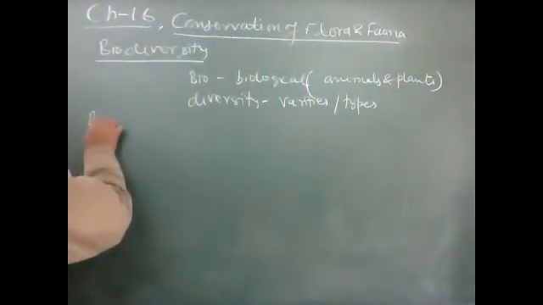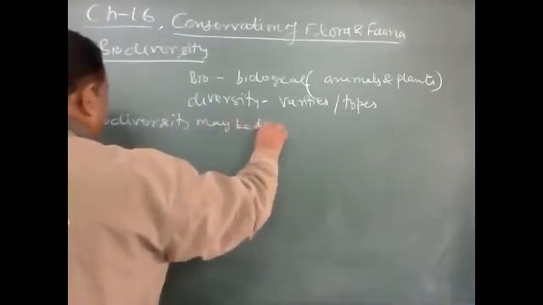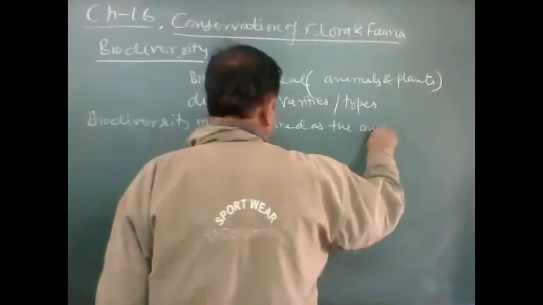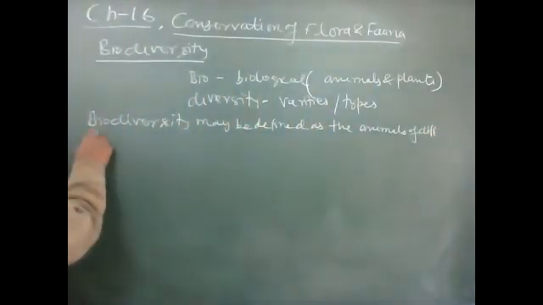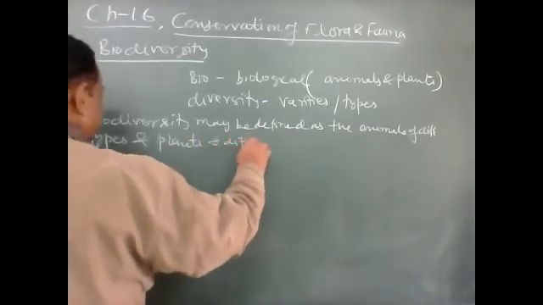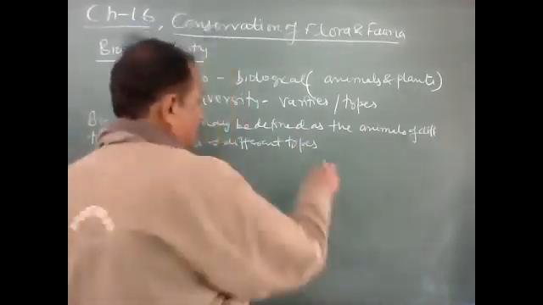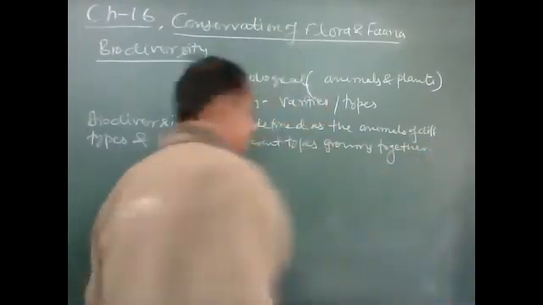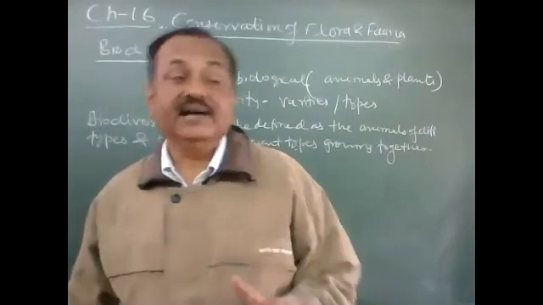So biodiversity may be defined as animals of different types and plants of different types growing together.